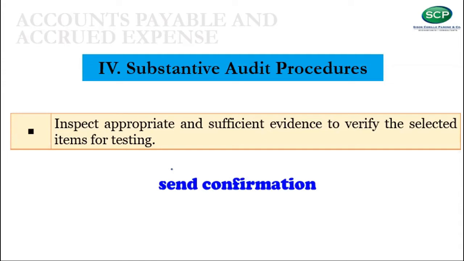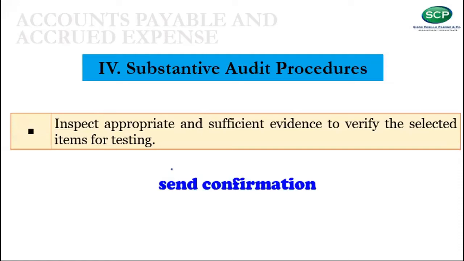However, I would just like to reiterate that similar to receivables, because the confirmation response rate for accounts payable in the Philippines is not high, we always consider performing immediately the alternative procedures while waiting for the vendor responses. When I say alternative procedures, I refer to the examination of subsequent payments and/or source documents as we have just discussed.